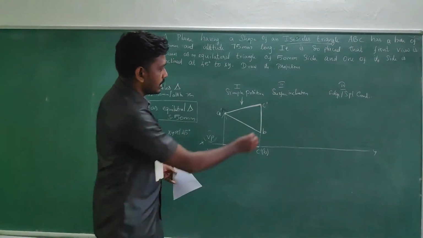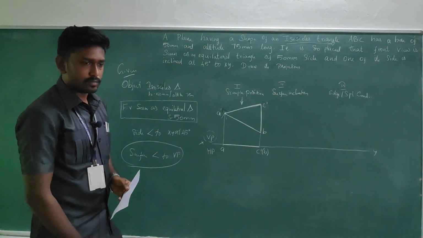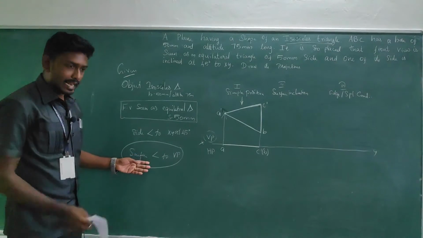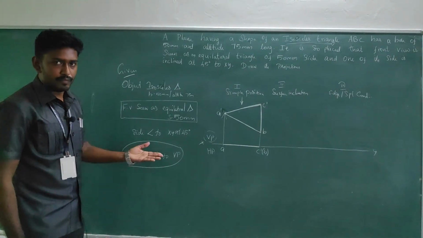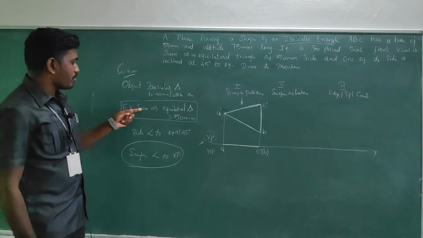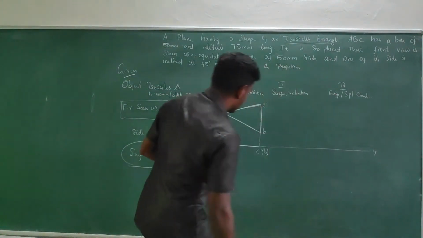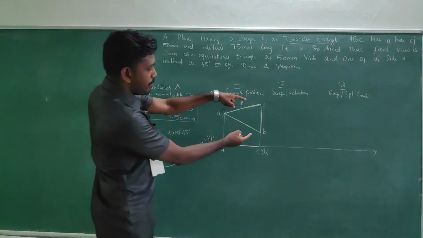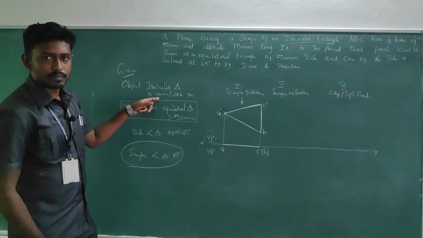What is next? The second stage is the surface inclination. So we predicted the surface is inclined to VP, but we don't have the exact measurement. But we know the top view is seen as an equilateral triangle. Okay. So what I'm going to do is, here see the base of the isosceles triangle is 50 mm.